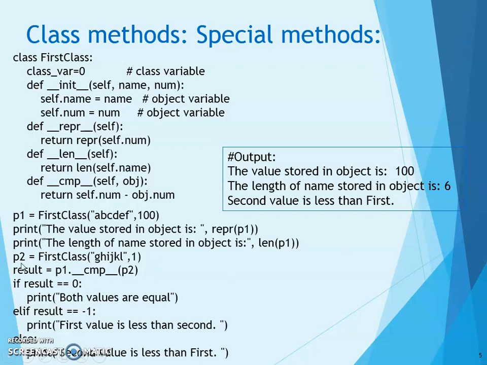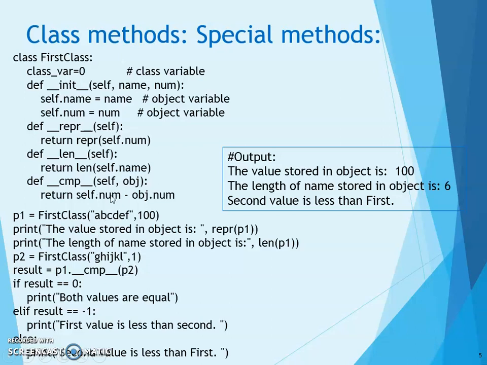Now the next line: we are creating one more object P2, and we are passing one new string and the value num as 1. And we want to compare, so we are writing P1.compare(P2). We are passing P2 as an object. This will be received here. self.num means our previous number, which was 100, and object.num is the value we have received, 1.